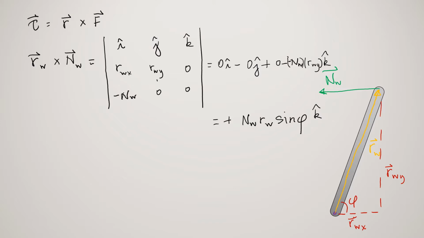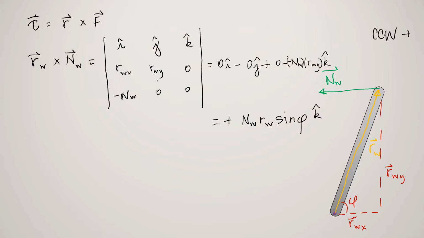And so that lets me know that this vector would cause a counterclockwise torque because it's positive. And if I were holding down here at the axis and applying a force in the direction of the normal force, I would get a counterclockwise rotation. So this is the torque for that vector.